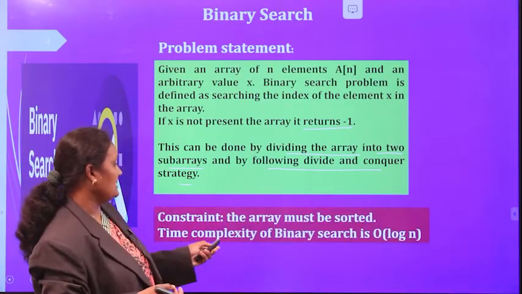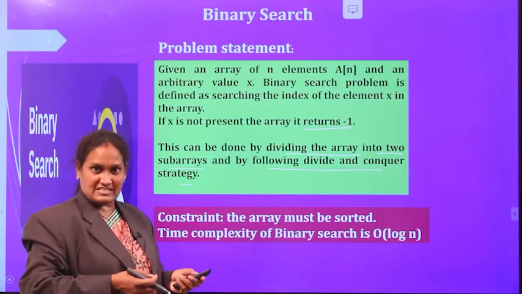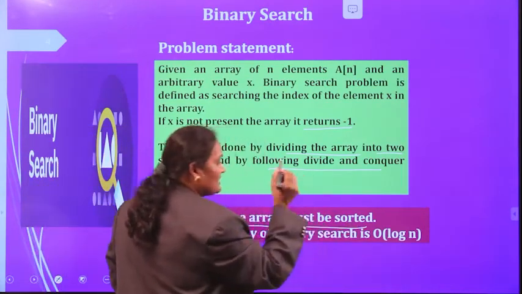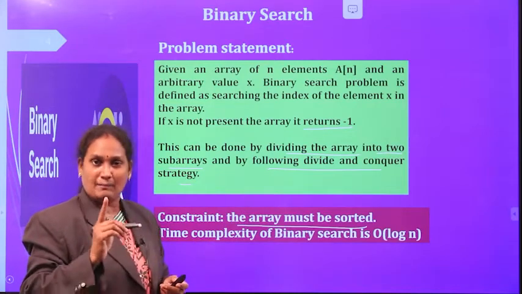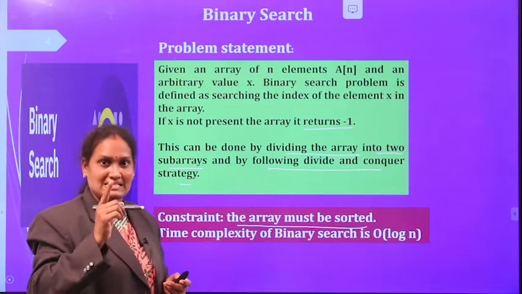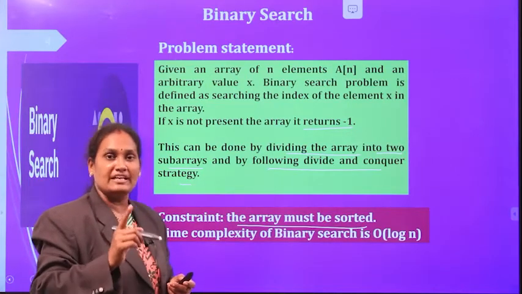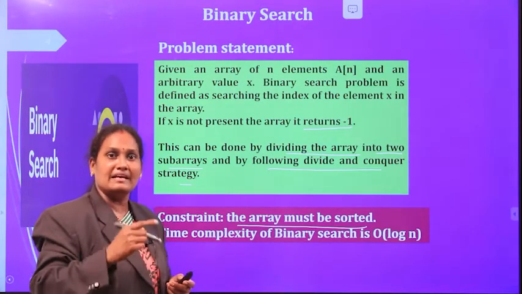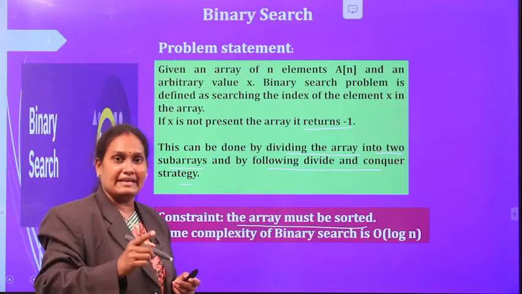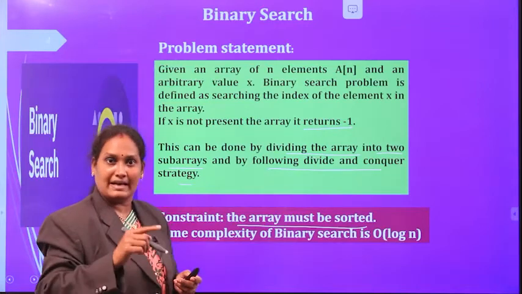The constraint that we need to know for the binary search problem is that the given array must be sorted. If you have been given an unsorted array, first you need to sort it, then apply the divide and conquer approach to find the index of the element x.